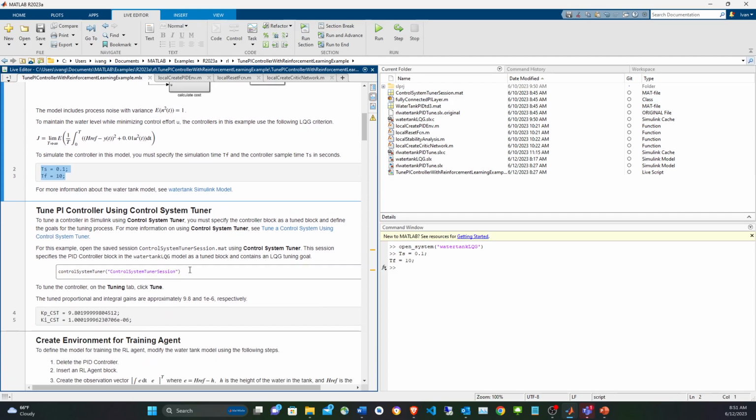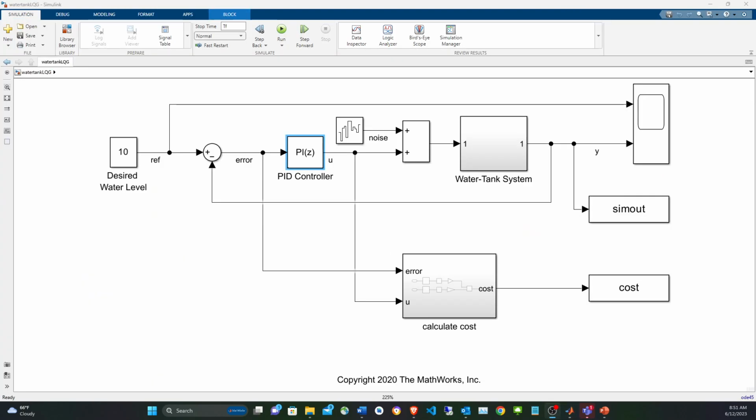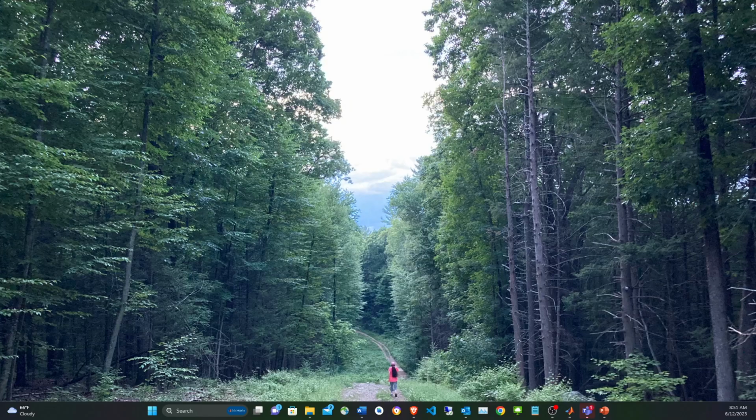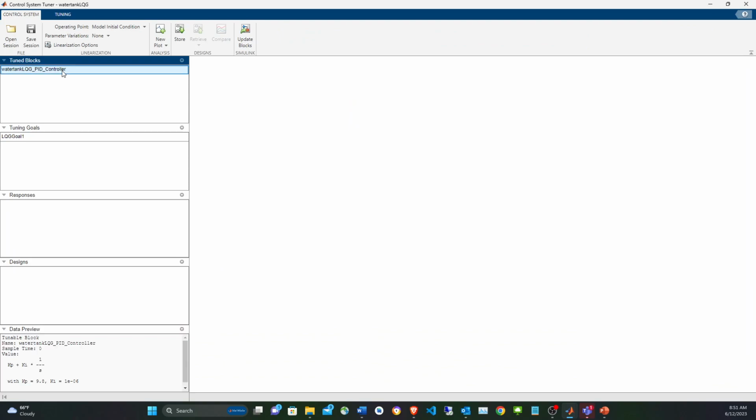Okay, so now we're going to use the control system tuner to get the optimal parameters for that particular water tank. Okay, yeah, now the model updates because we have the sample time. That was the missing thing here, but we opened the control system tuner, and the control system tuner can optimize various types of controllers.